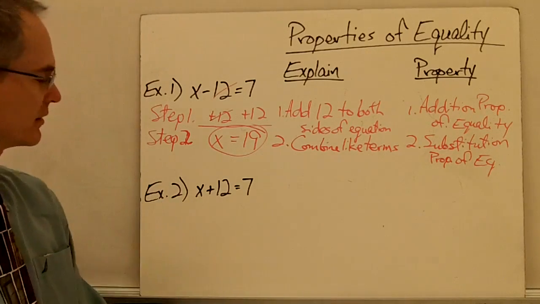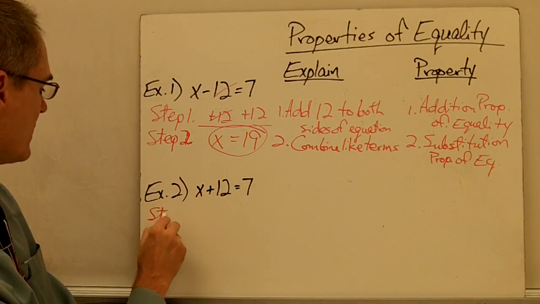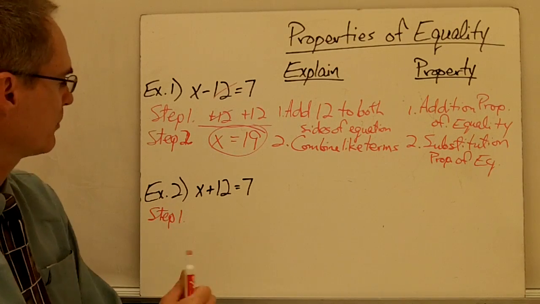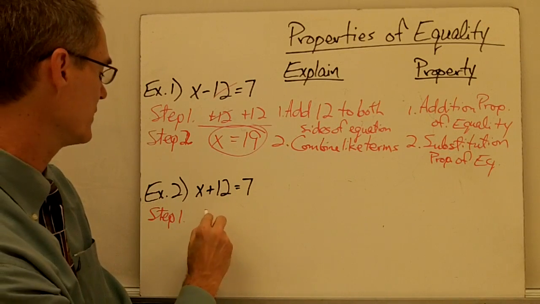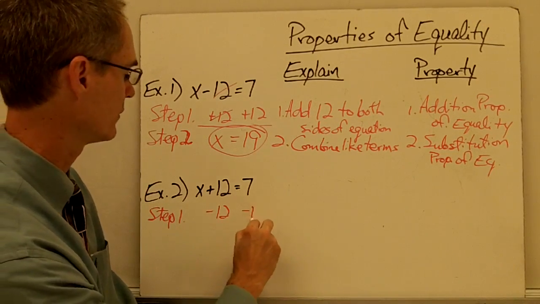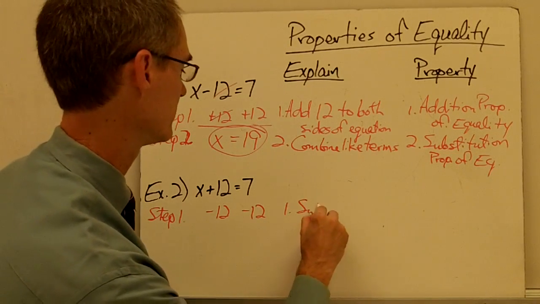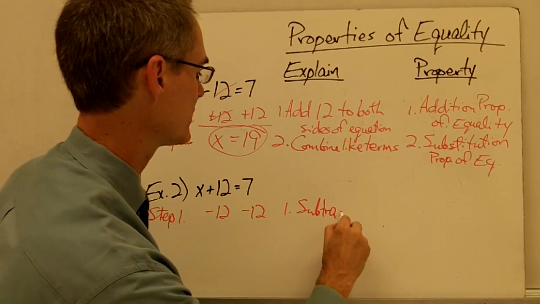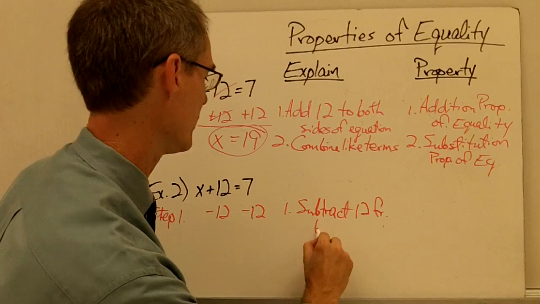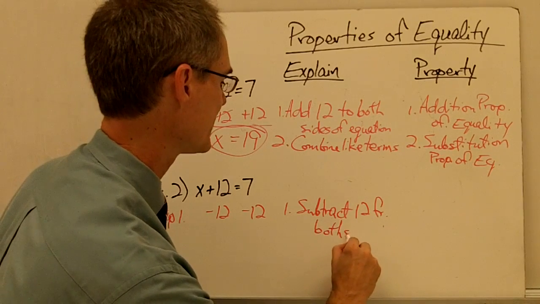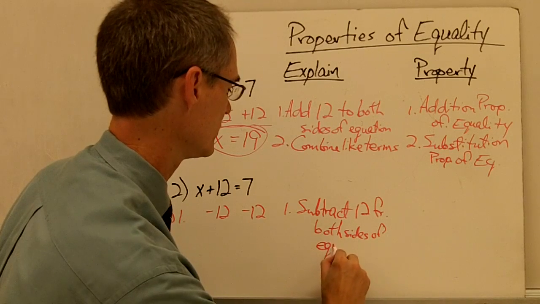All right, let's take a look at example number 2. Again, I'm going to start by calling this step 1. This is a simple equation, and I can see that what I need to do in order to solve it is subtract 12 from both sides. So let me explain what I'm doing here: subtract 12 from both sides of the equation.